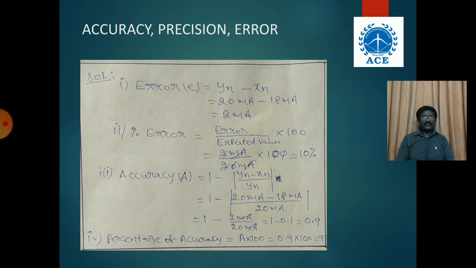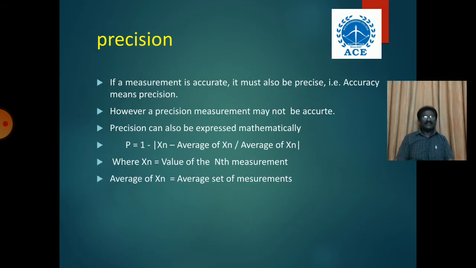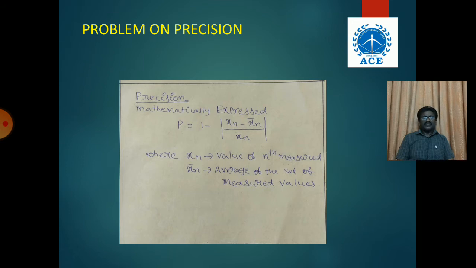It is the measure of the degree to which a particular parameter is measured. So here, precision can mathematically be expressed as P equal to 1 minus mod xn minus x bar n divided by x bar n, where xn is the nth measurement and x bar n is the average of the set of measured values.